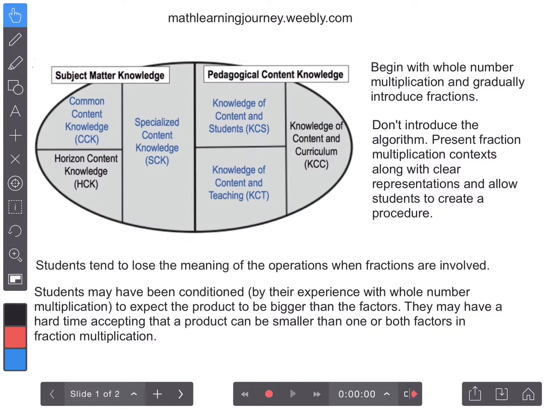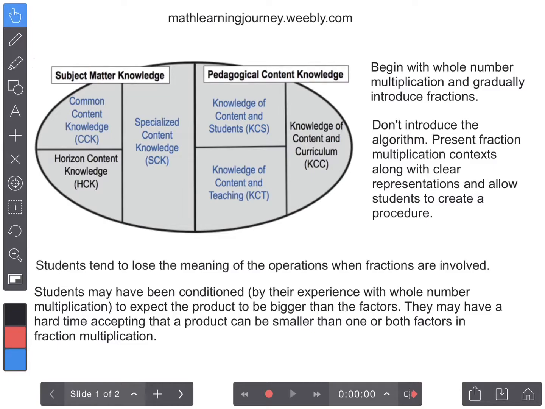We're going to present fraction multiplication contexts with clear representations, visuals that they can look at. And we're going to put the students in a situation where they can see what is happening, take a look at the numbers involved, and come up with a procedure that will work and will match the images that they're seeing. So that's where we're going to go as we investigate fraction multiplication.